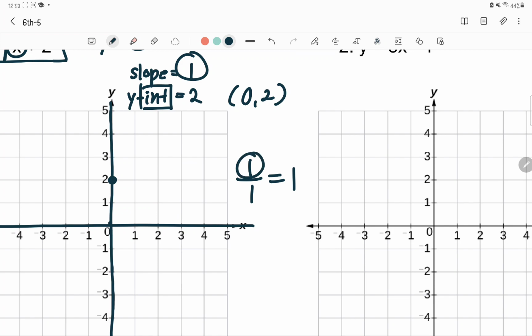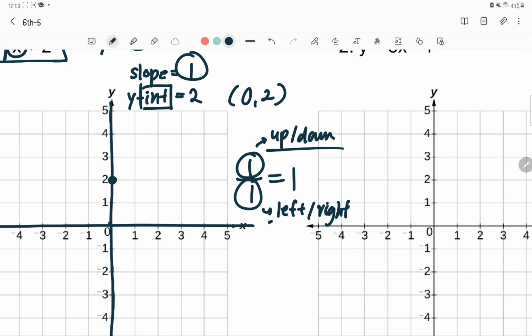And the upper part is up or down, and the bottom, which is the denominator, is the left or right transformation.